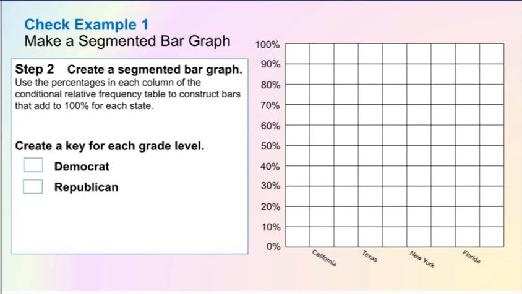Okay, now again, I'm going to use blue for Democrats and red for Republican. So for California Democrats, we had 86.5. So 86.5 would be roughly here. Texas was 36.1.